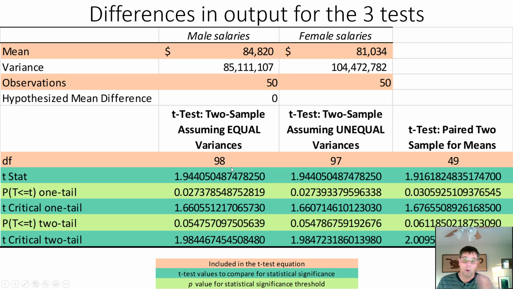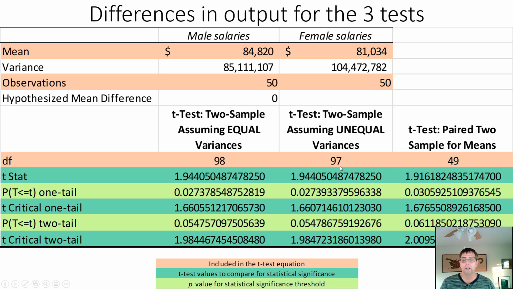So if you're not very confident you have equal variances, it's safer to go with the unequal variances. And you see the same patterns with the t-critical values, the table values that you just select, with slight differences here.